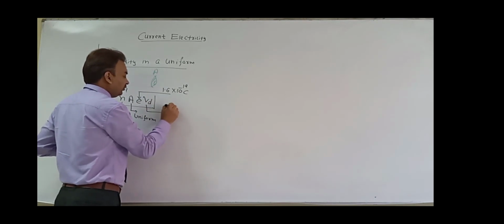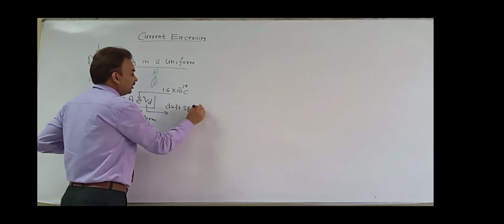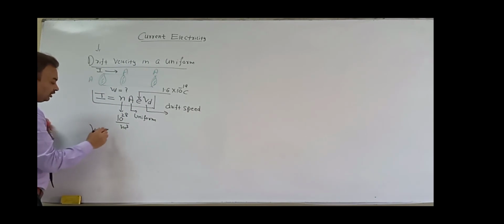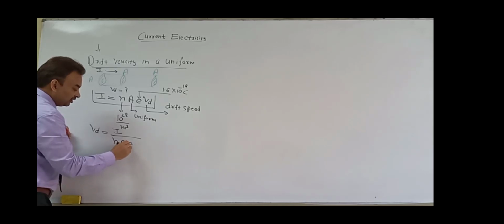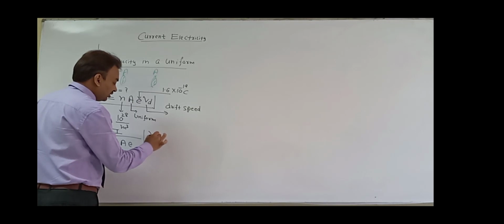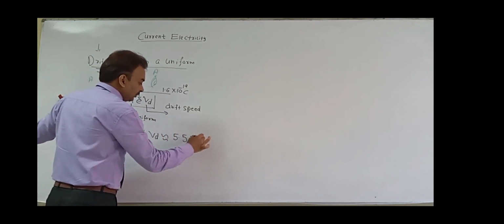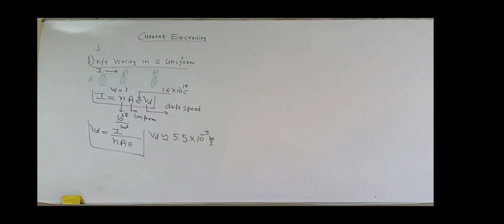Finally, the value of Vd, if we calculate it, will be equal to I by NAE. If we put the values of current, N, A and E, then Vd is nearly equal to 5.5 into 10 raised to the power minus 5 meter per second. So this was the value of drift speed.